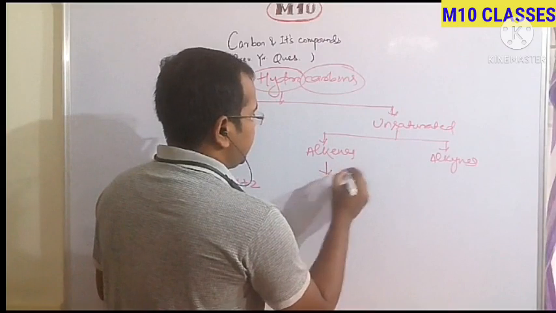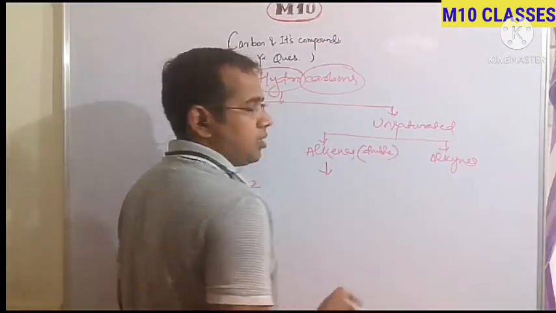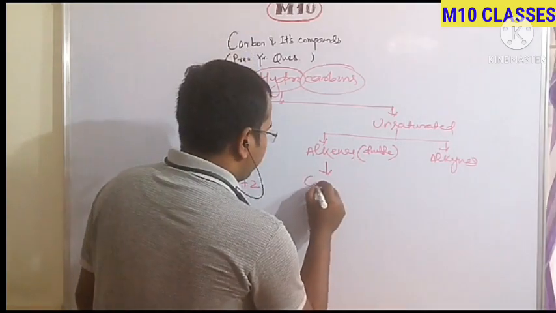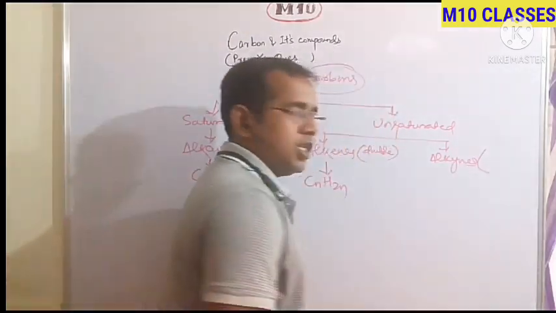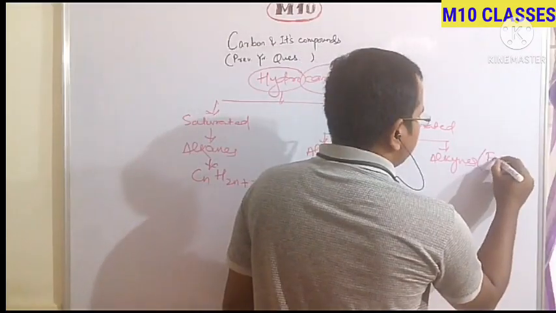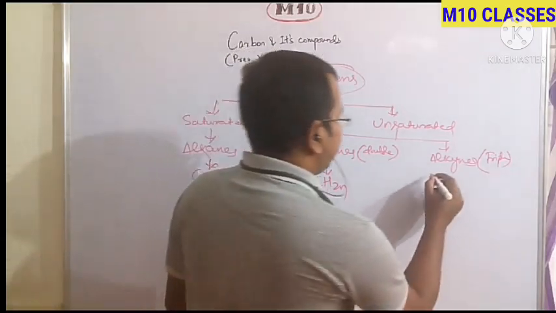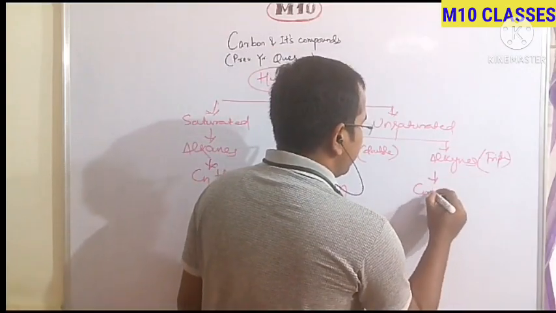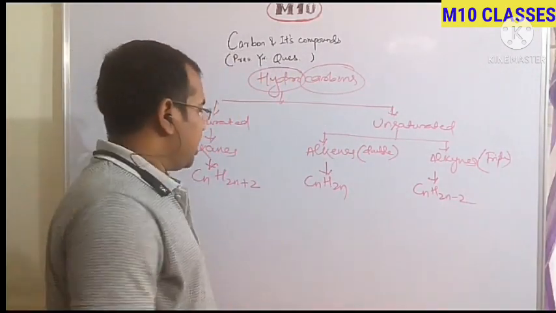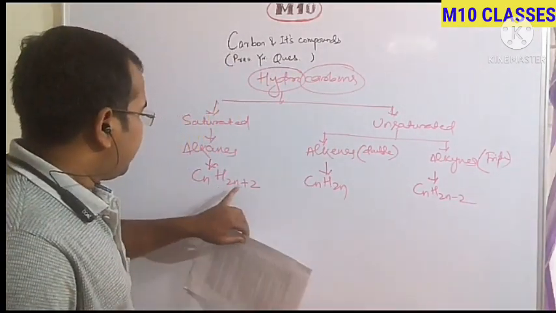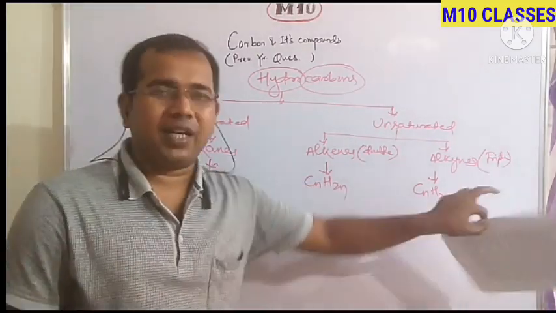Alkenes contain double bonds between the carbon atoms, and the formula is CnH2n. Alkynes have triple bonds between the carbon atoms, and the general formula is CnH2n minus 2. Now see here, the number of hydrogens is reduced in each case. Here plus 2, here 0, here minus 2.